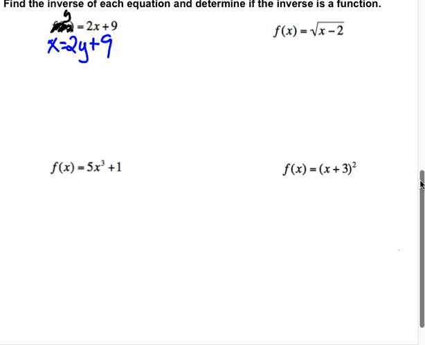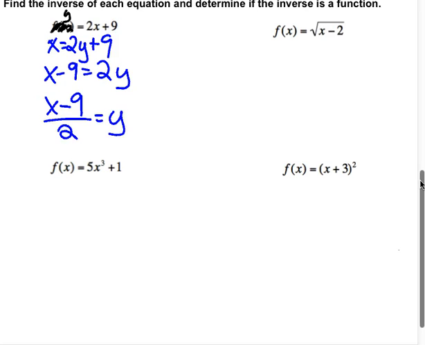Okay, you flip them and now you solve for y. So I'm going to subtract the 9, divide by 2, there's my inverse. So I have my inverse, and now the question today is, is that inverse a function or not?